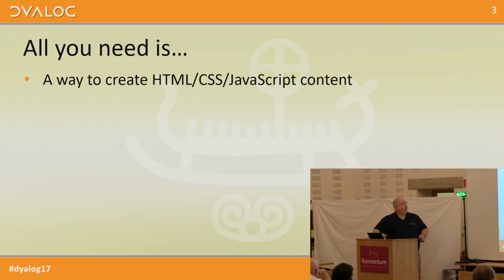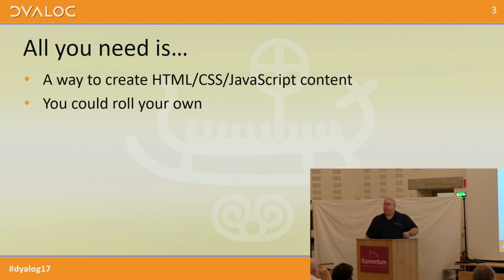So all you need is a way to create your content. So you could roll your own, and indeed some of our customers have done so. I believe that in some of the Rumba work that Carlisle Group has done, they've got some HTML generation capabilities, and if Norbert is here, he can confirm that, or not.